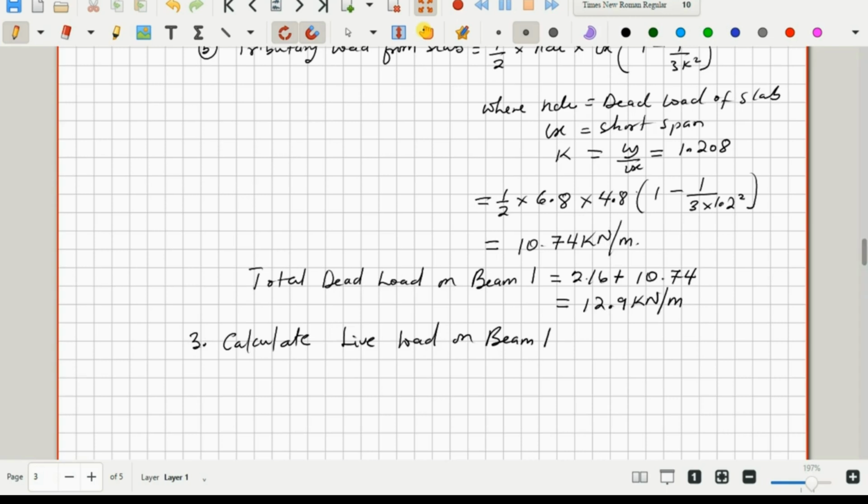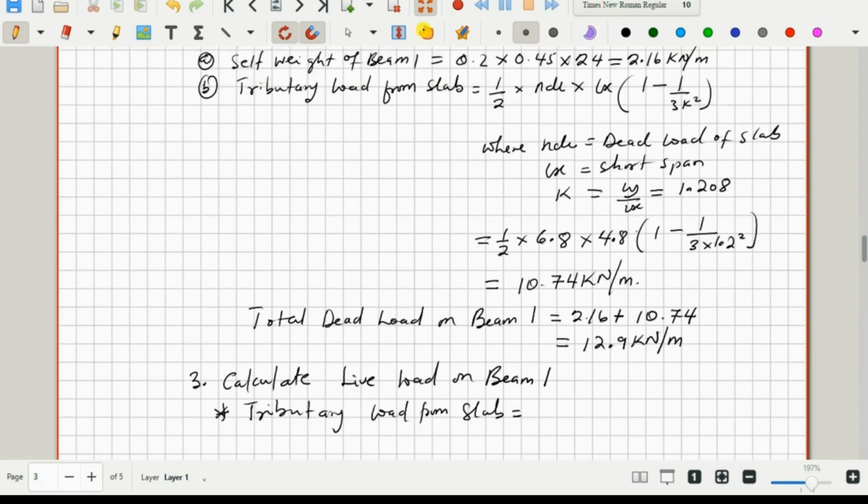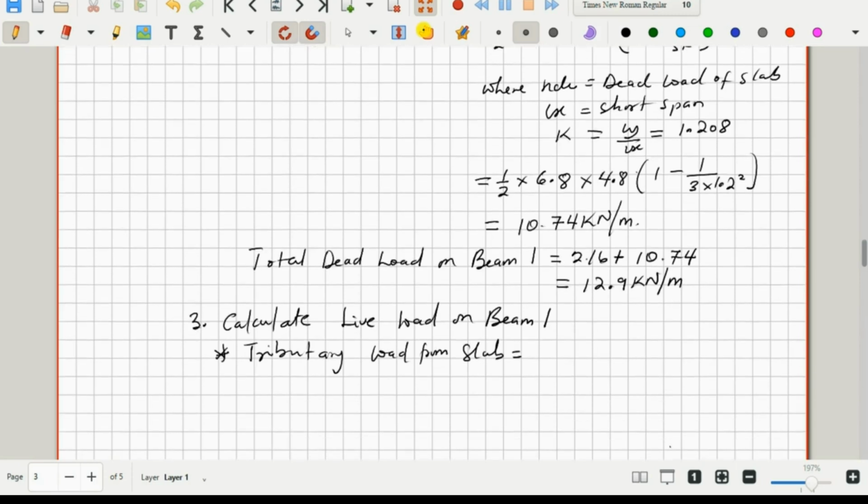So with that, we'll just consider the tributary load from the slab. And that will give us, we are using the same formula we used previously. We'll change the dead load to live load. So we'll have 1 over 2 multiplied by NLL multiplied by the short span Lx all into bracket 1 minus 1 over 3K squared.